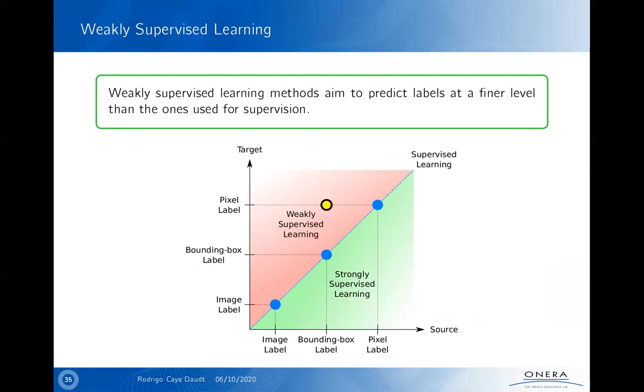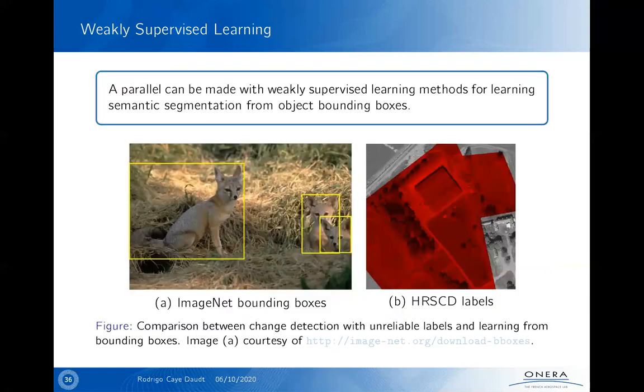So we're going to be working here for now. It's a parallel between bounding box labels and pixel-level prediction. And why are we doing this? Because here you can see, for example, an ImageNet bounding box. Inside the box, the information that we have is that there is a fox there, but not all the pixels inside this box belong to the fox.